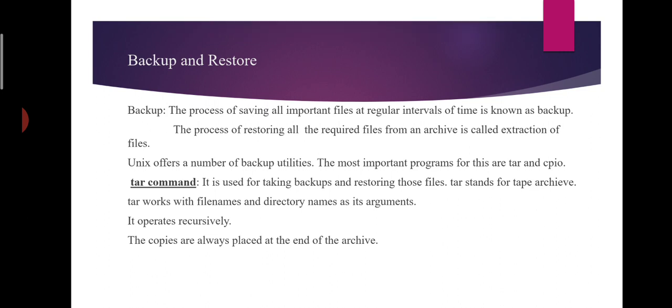Unix offers a number of backup utilities, and the most important programs for this are the tar and cpio commands. Now let us see the tar and cpio commands which are used for backup and restore.